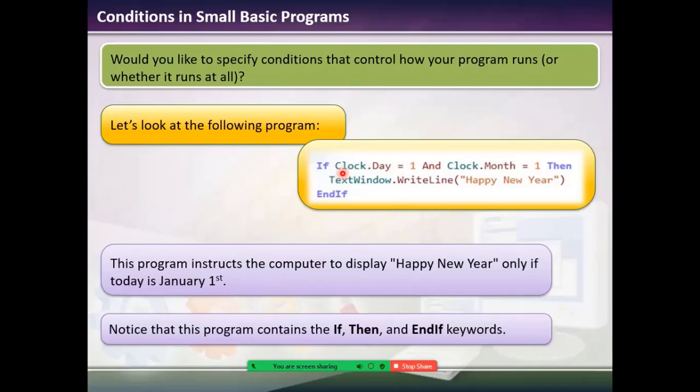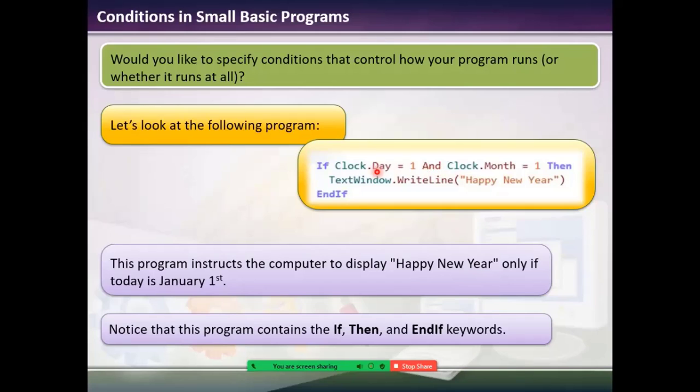In conditions, there should be a condition, and this is the condition: day should be equal to 1 and month should be equal to 1. There are two conditions, and these two should happen at once.